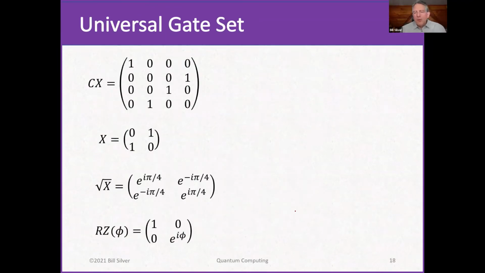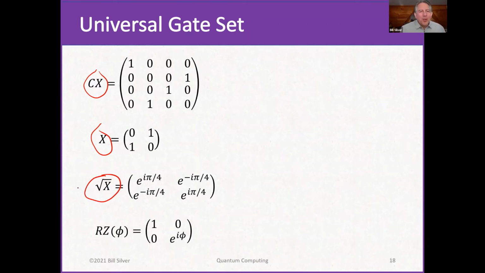So I talked about a universal quantum computer and a universal gate set. This is an example of a universal gate set. All right, there's the controlled NOT, which is sometimes called CX. There's the NOT gate and two other gates that I'm going to briefly mention, although you don't have to worry about whether you quite understand how they work. One of them is called the square root of X gate.